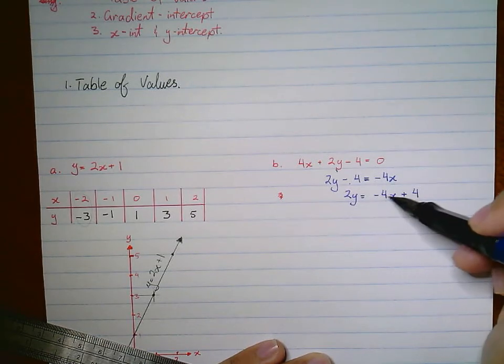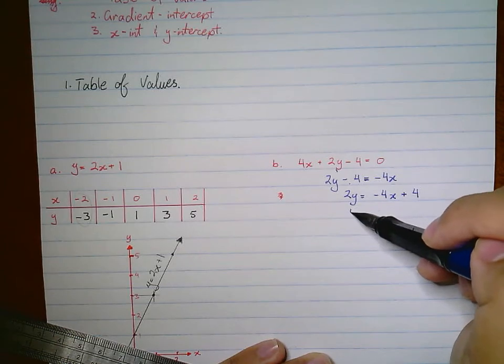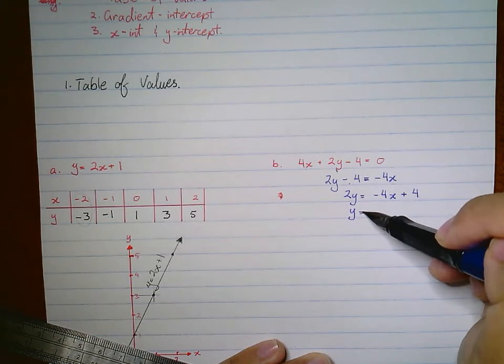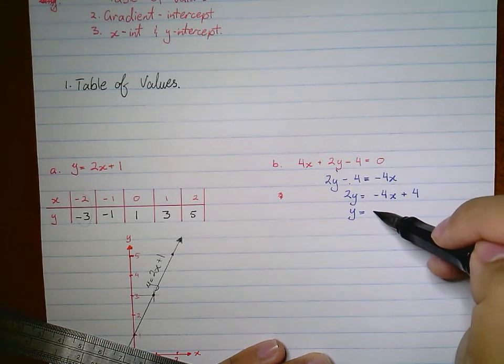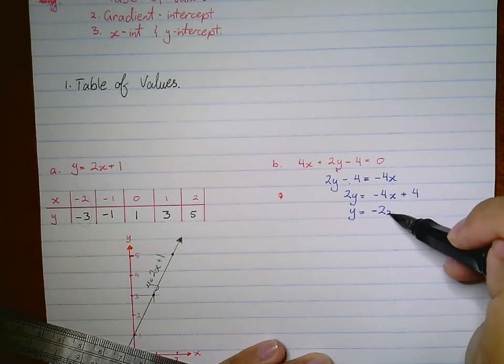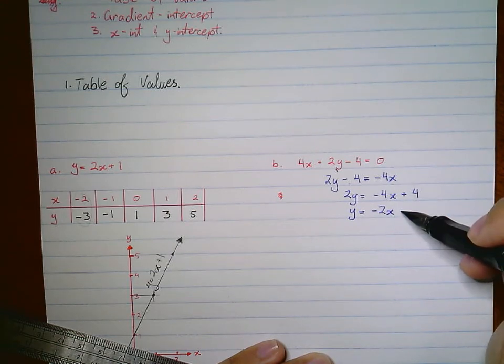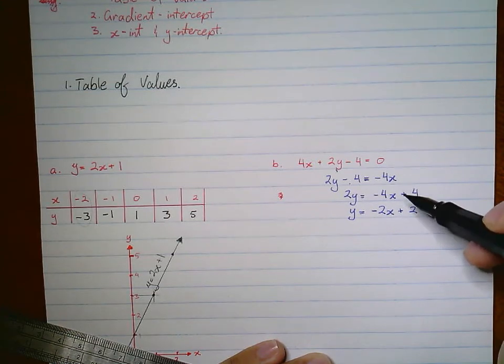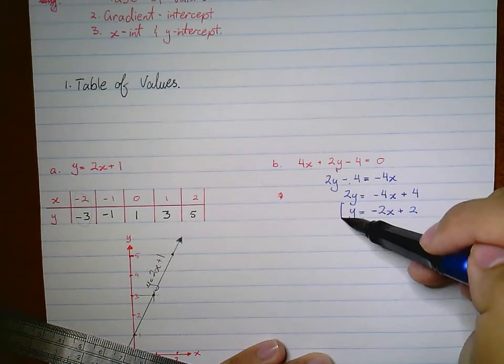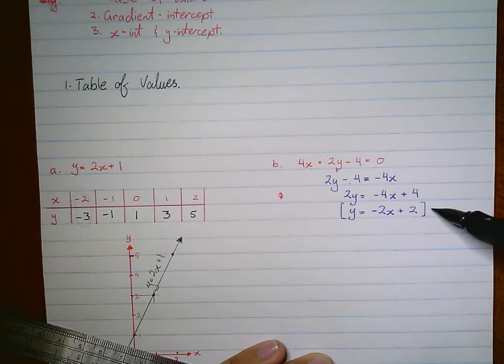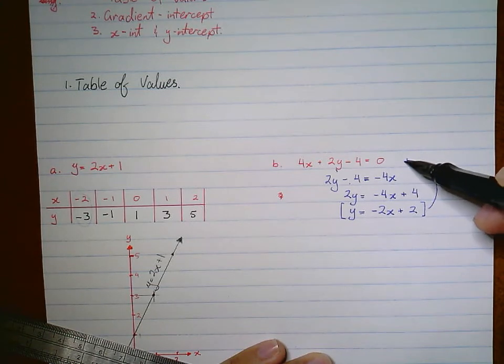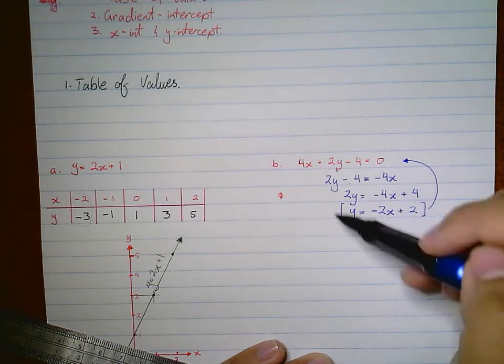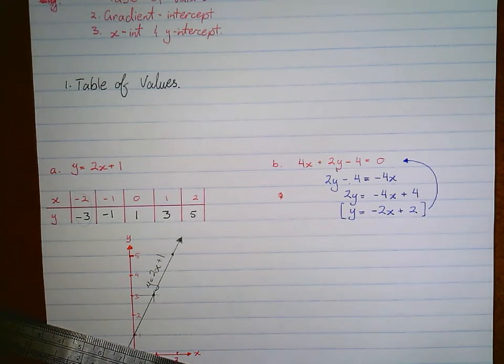And I'm going to divide each of these by 2. So I get y equals negative 4 divided by 2 is negative 2x, 4 divided by 2 is plus 2. So this here is actually the same equation as what we started with, just now it's easier to substitute values into it.